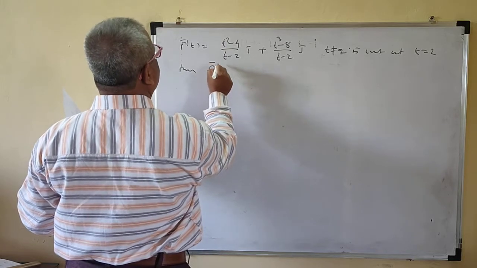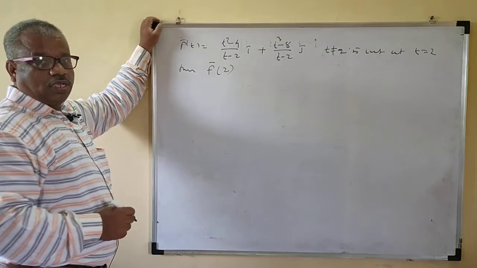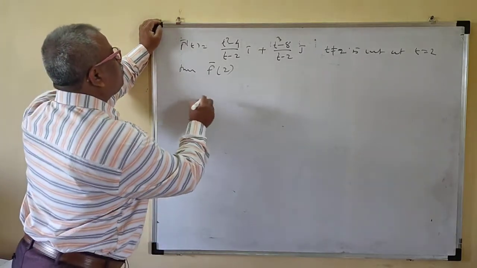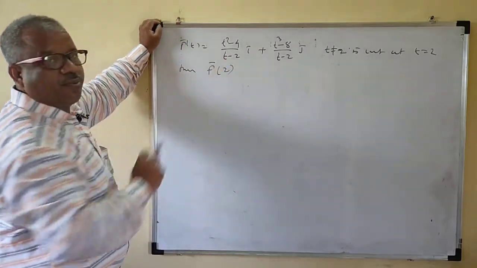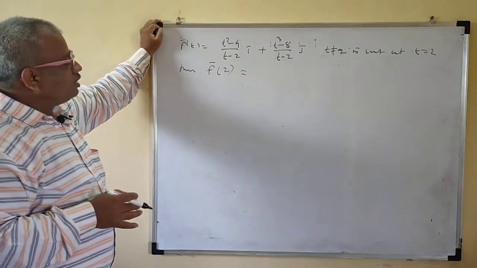Then what is f bar of 2? Now you have to evaluate the limit of this one only. Check the options.